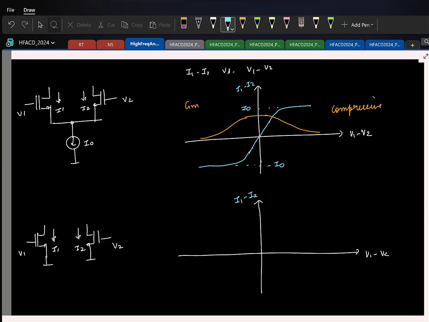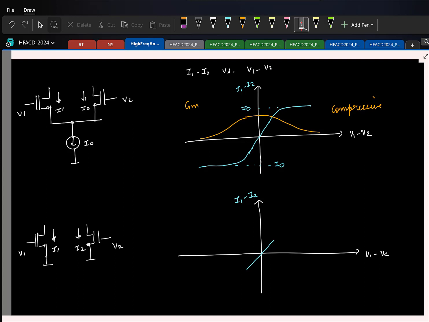Again, for small signals, what can you say? It's going to be linear. At that point, I think there is no confusion. Now, if I keep increasing the differential input, in the earlier case my current got saturated to a constant I0, that is the tail current source. Here, let us say I keep increasing V1. What can you say about the differential current?